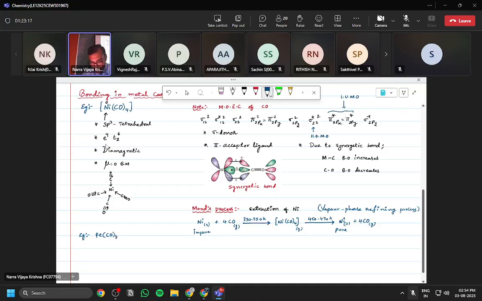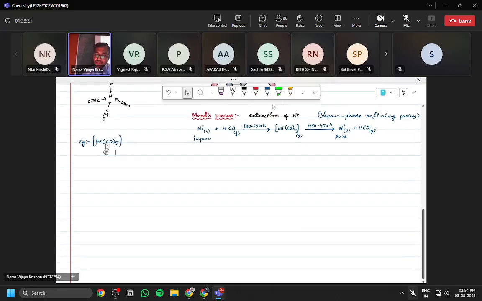Next, another example: Fe(CO)5. Here also the iron oxidation number is 0. Iron is 26, configuration 4s2 3d6. If these two electrons come back, because carbon monoxide is a strong field ligand, then it becomes 3d8, 4s0, 4p0.